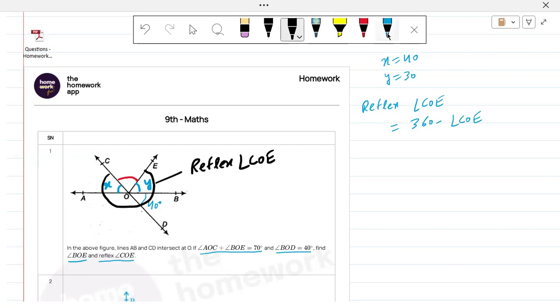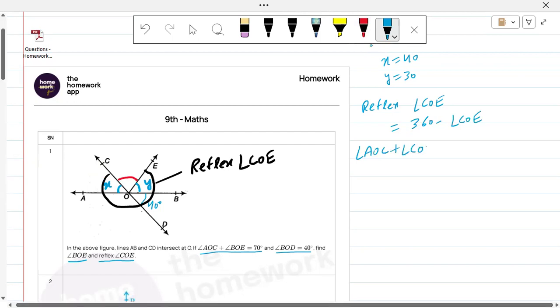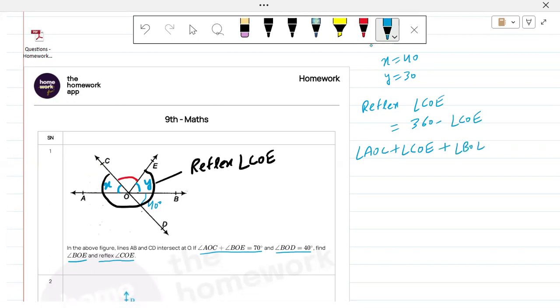How do you find the value of COE? You know that AOB is a straight line, and the sum of all the angles, angle AOC plus angle COE plus angle BOE, is equal to 180 degrees. Why is it 180 degrees? By the linear pair property.